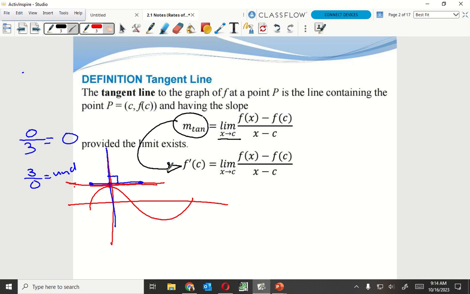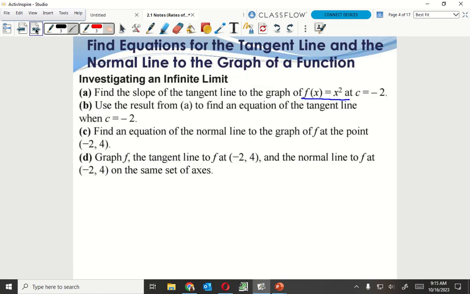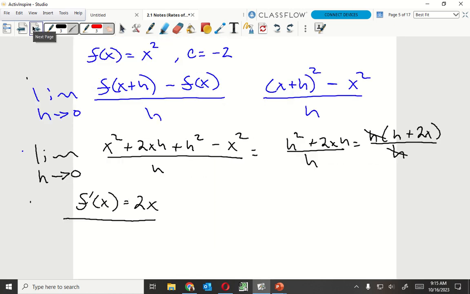So that's the rewritten version. If the limit exists, f prime is going to be the equation of the tangent.